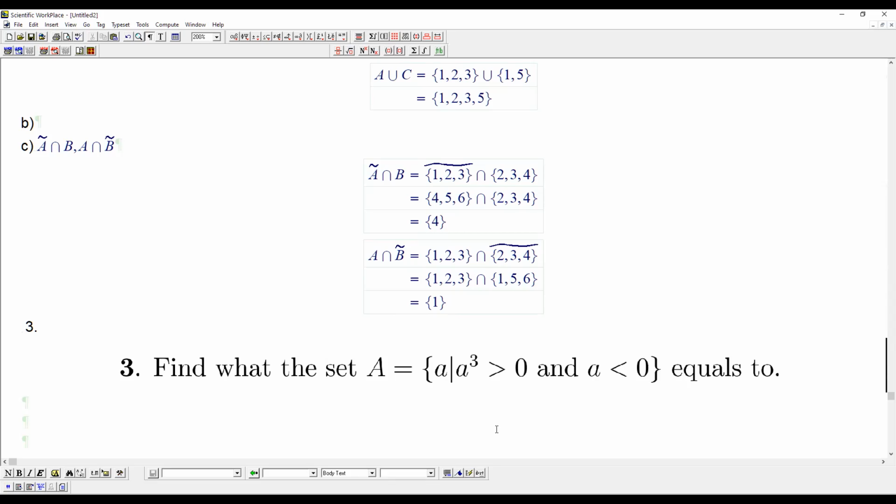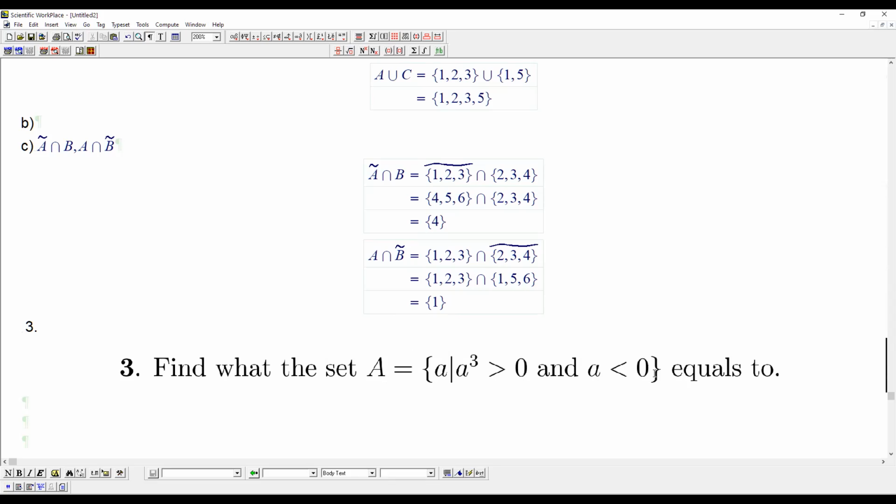Some ideas? You're looking for any way to describe this in a more simple way.